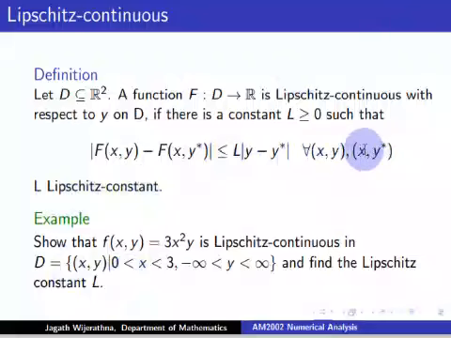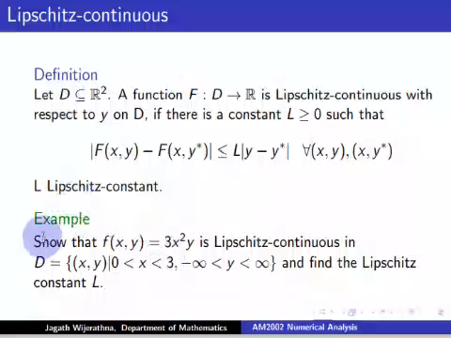Keep the x coordinate fixed, and we have to consider y and another y star. So these are two points in the domain D.